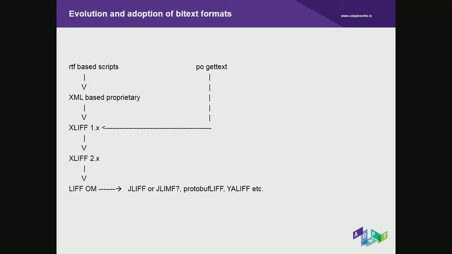In parallel, the PO gettext was created, but as we've seen, it's not usually enough to convey all the metadata needed for the localization workflow, where XLIFF 1.2, well, 1 comes into play, which evolved into the current implementation.